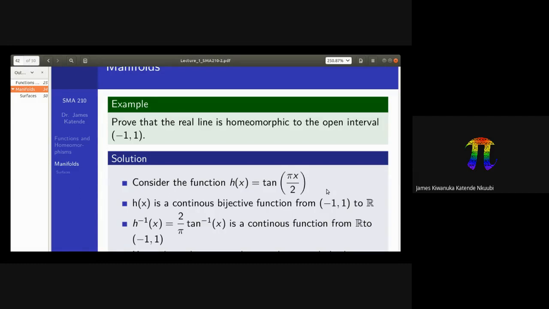From 0 going towards the right, the curve will be rising, and it will be concave upwards, right? Going towards the asymptote x equals 1, it never quite touches the asymptote, but it goes all the way to infinity.